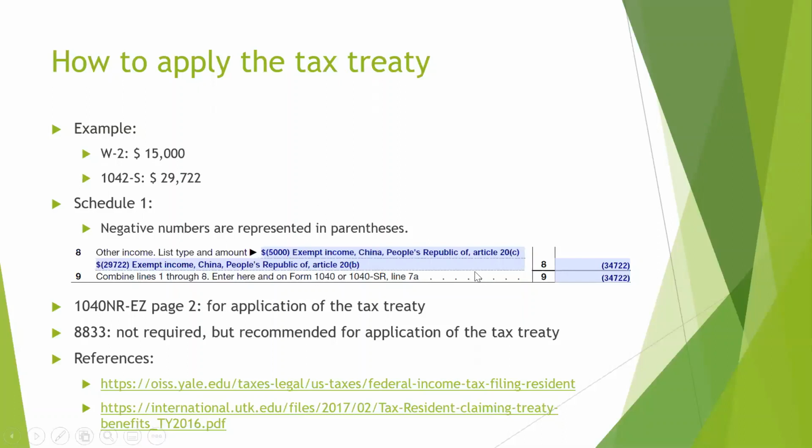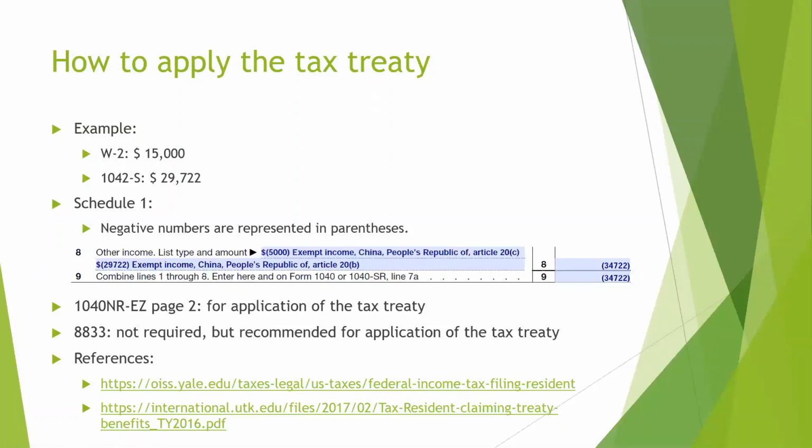So for Article 20C of the treaty between the US and China, I can exempt $5,000, and using Article 20B of the same treaty, I can exempt all of my scholarship.